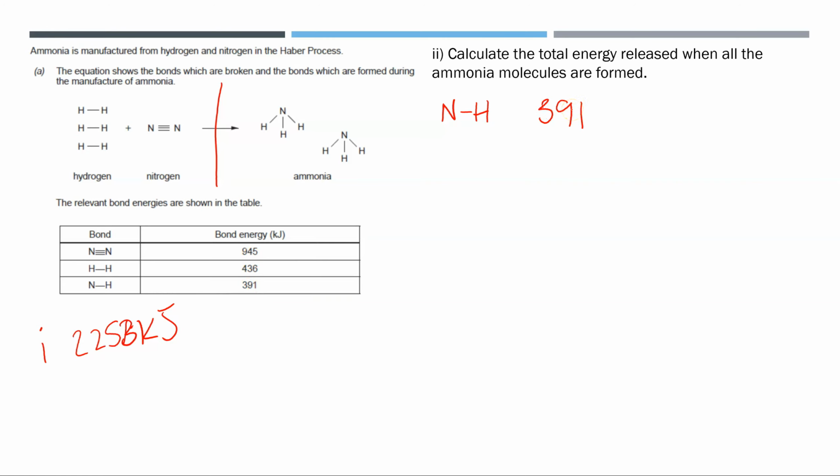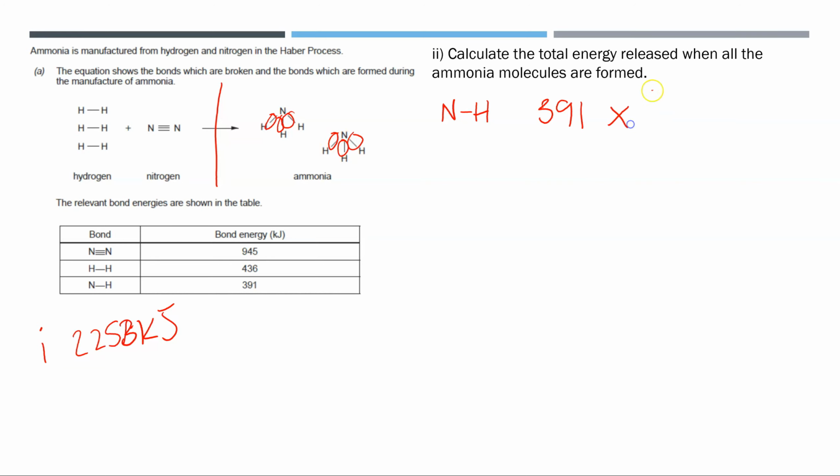Now we need to figure out how many of these bonds there are. It doesn't matter which way around they are, whether they're nitrogen to hydrogen or hydrogen to nitrogen, it's still the same bond. It's one nitrogen atom bonded to a hydrogen atom. So we've got 1, 2, 3, 4, 5, 6.